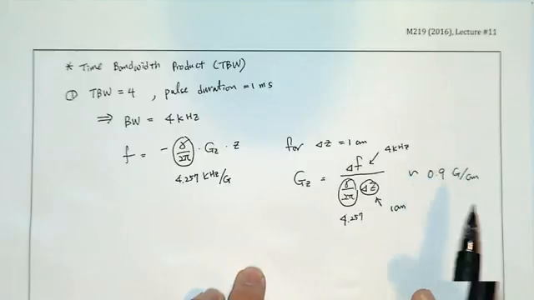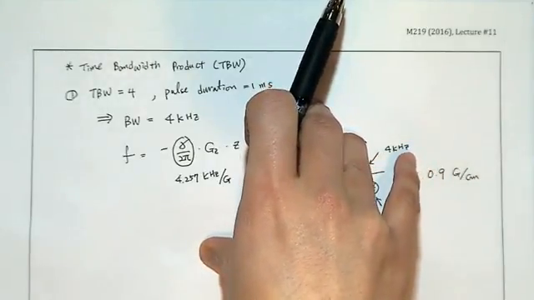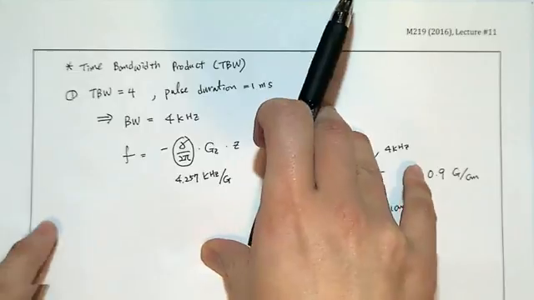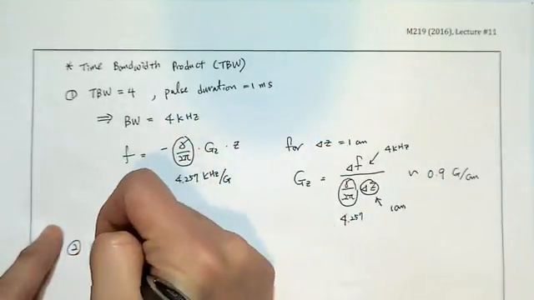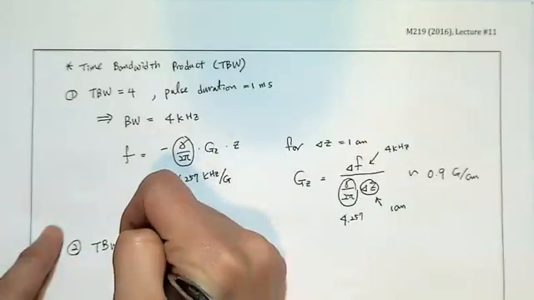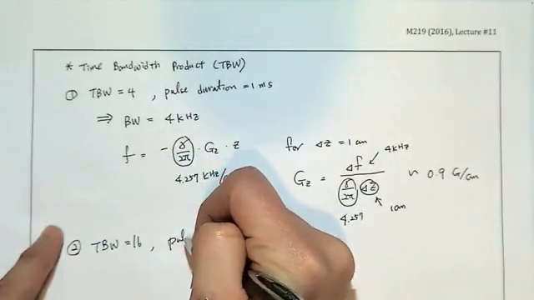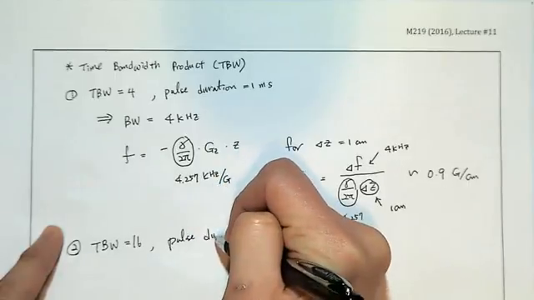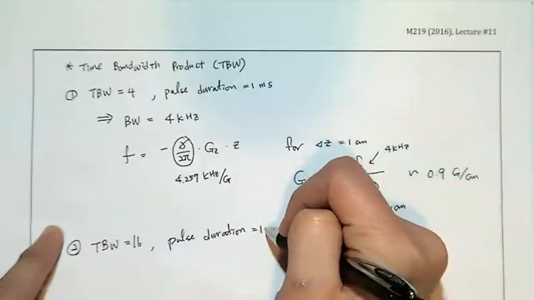Okay? Let's just look at a higher time bandwidth product with the same pulse duration. In this situation, you're going to look at time bandwidth product equal to 16, and the pulse duration is the same, 1 millisecond.